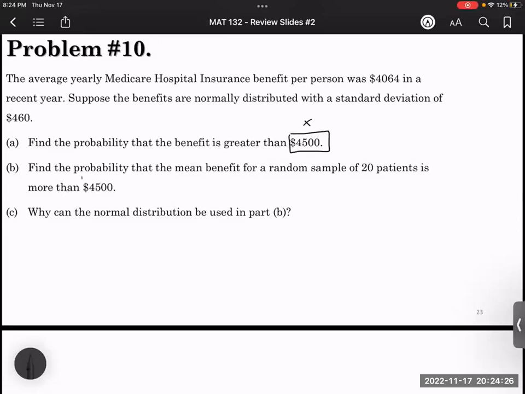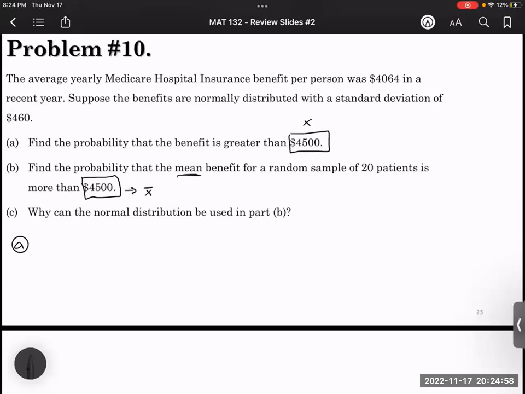But in part B, because it says find the probability that the mean benefit for a random sample of 20 patients is more than 4,500, then 4,500 is your X bar. It's a sample mean. That's the difference between X and X bar. I'll show you how to do all three parts, and then we can go. For part A, because it's just in terms of X, you can use the Z-score formula.